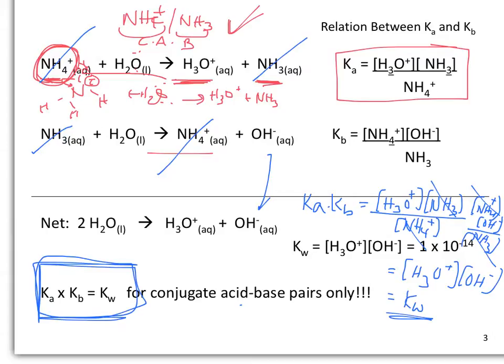You should be able to determine the Kb for ammonia. Just to check that, you can consider to solve an example such as the ammonia-ammonium system, but that relationship will hold true for only conjugate acid-base pairs. All right, let's go forward.